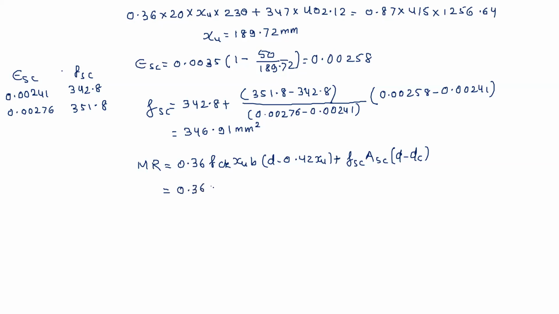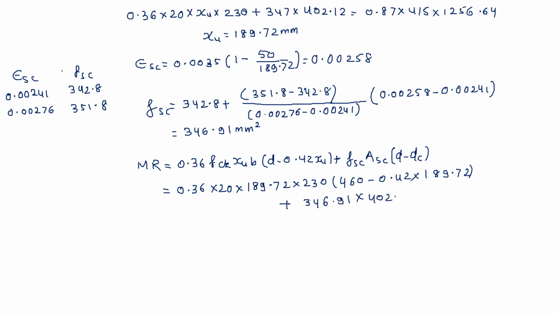We have 0.36 fck, xu is 189.72, B is 230, D we have 460 minus 0.42 into 189.72, plus fsc we have 346.91, Asc we have 402.12, D we have 460, dc we have 50.